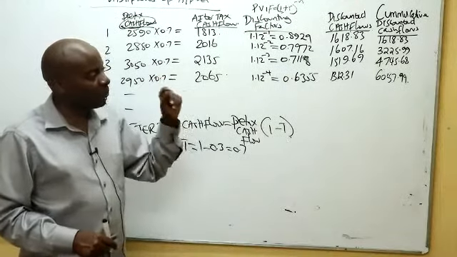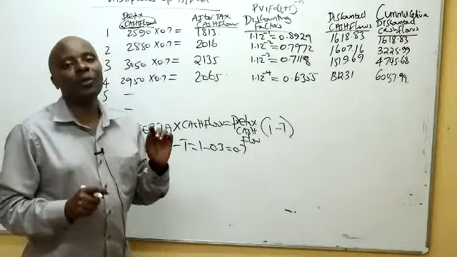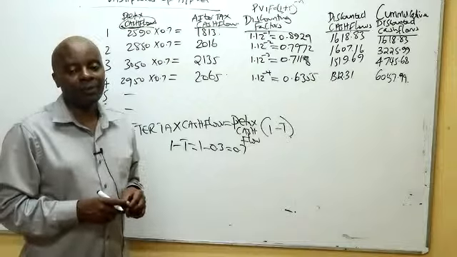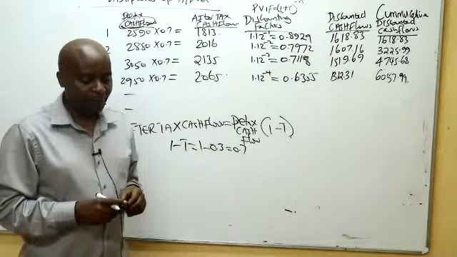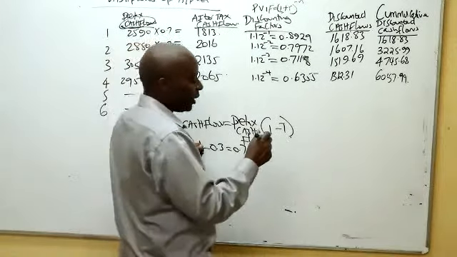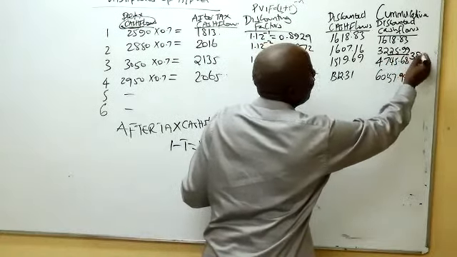Between which year and which year? Between years 2 and 3. So between years 2 and 3 here, we have our 3.8.